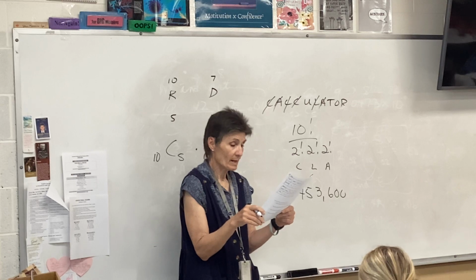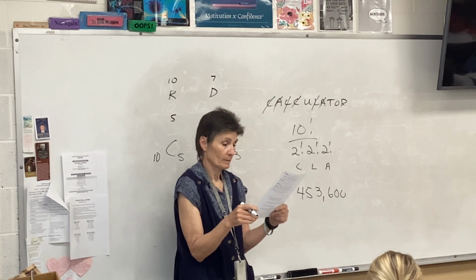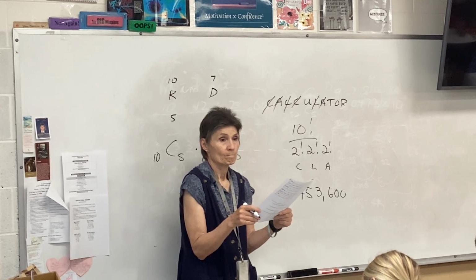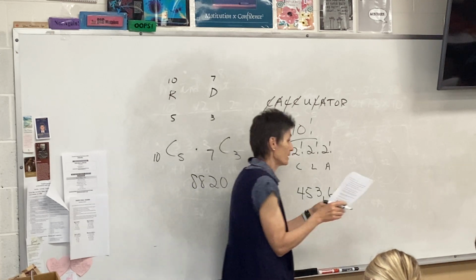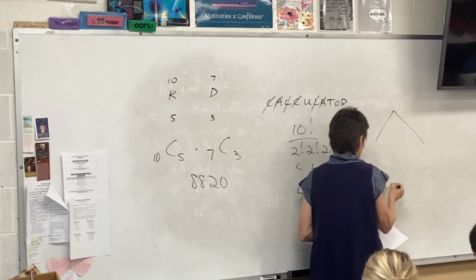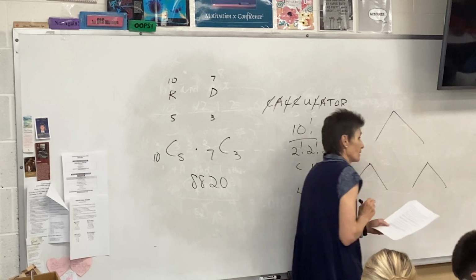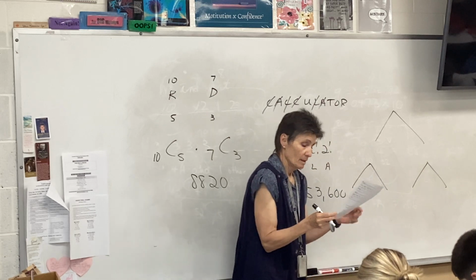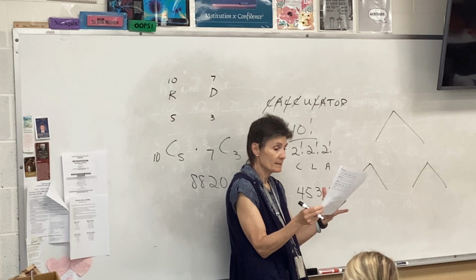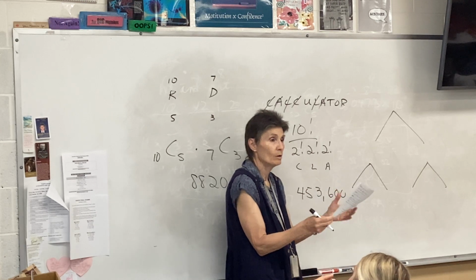Alright, now we have to do the homework problem. What's our strategy for this guy? Tree diagram. Ultimately, I want to know what's the probability that Tim will do homework.